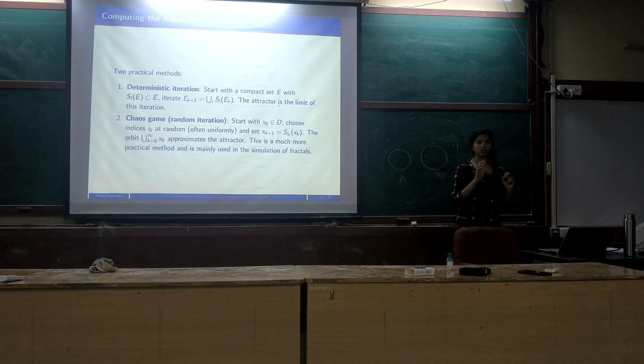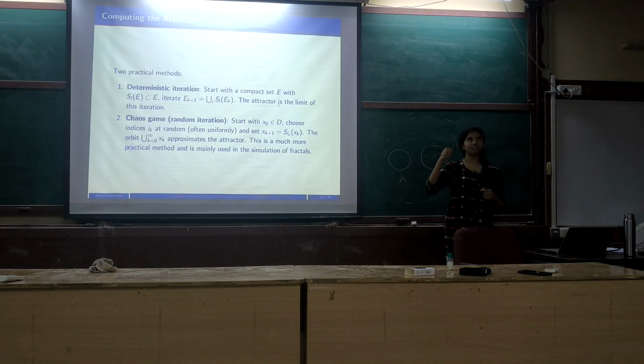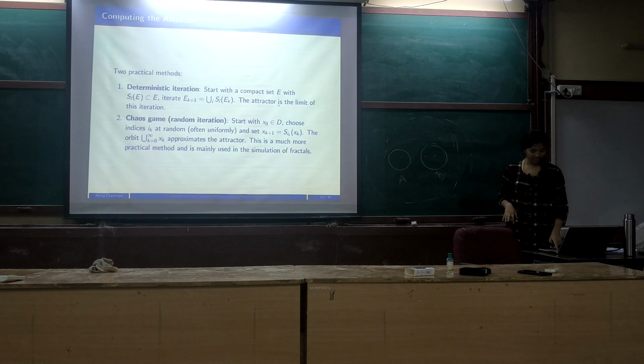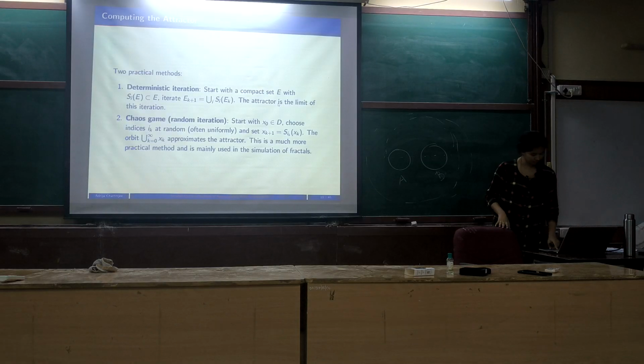Your next point will be S2 of x0. Then you pick, say, S4 out of the set of functions, so your next point is S4 of S2 of x0. You keep on applying random functions to the most recent point, and the union of those points approximates the fractal. Since you are choosing and applying just one map randomly instead of all the maps, it is a much easier problem.